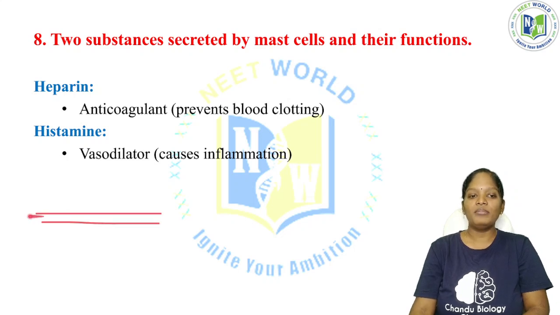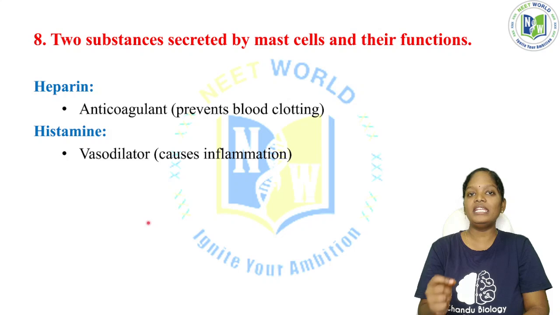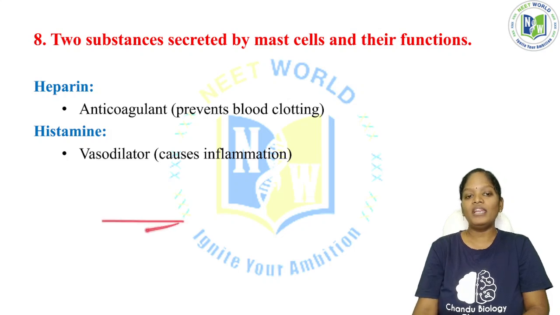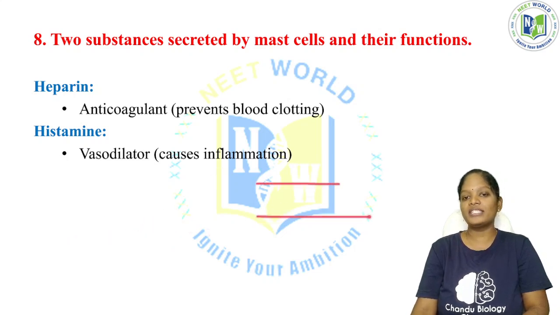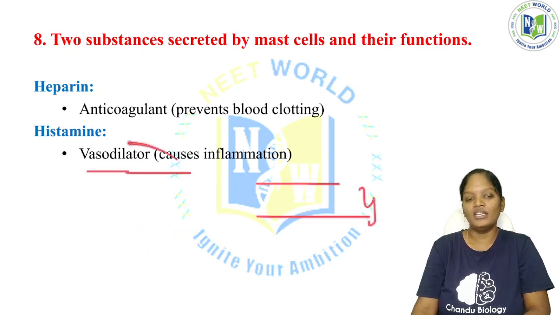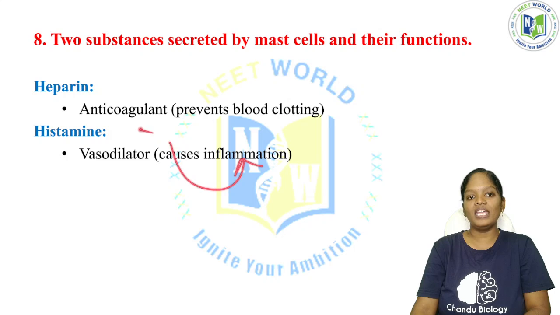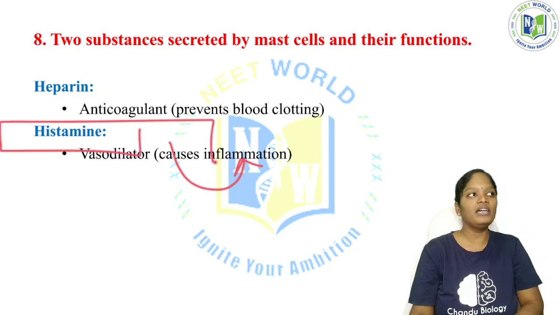If there is increasing blood flow, the blood vessel is very small and cannot cope with the flow of blood, so the blood vessel has to be widened like this. This is called vasodilation, which is responsible for causing inflammation. This is done by histamine.